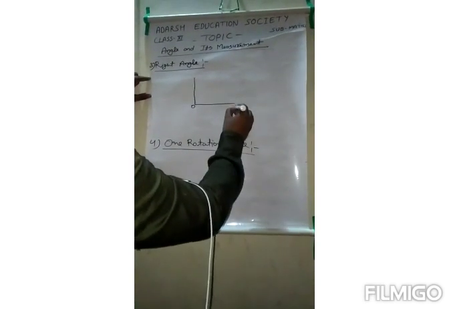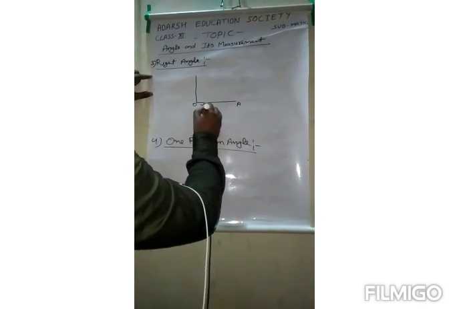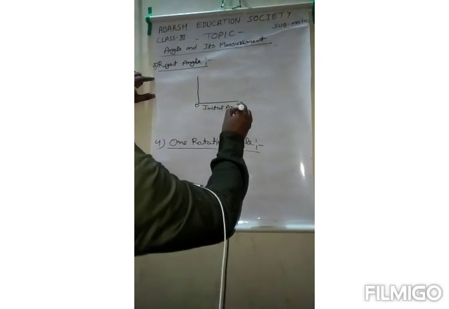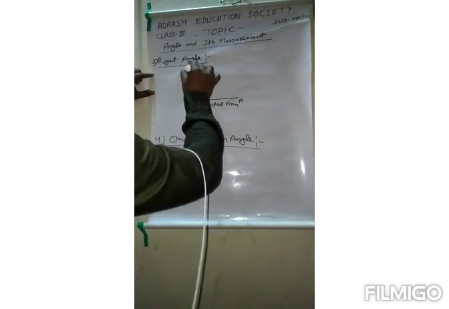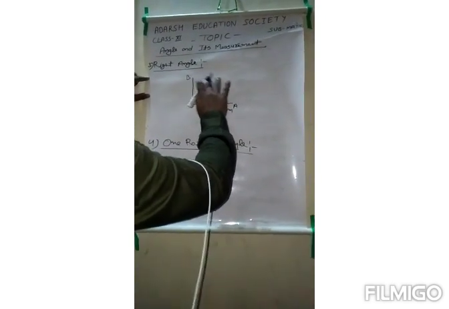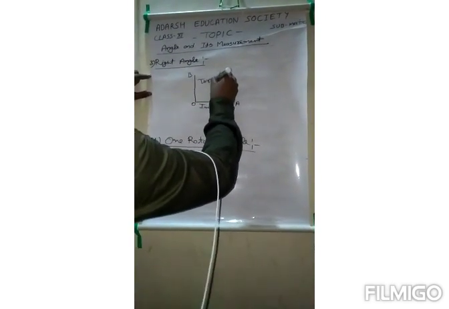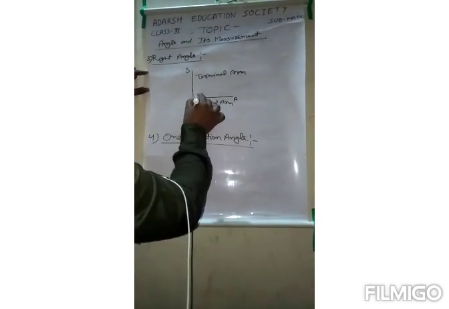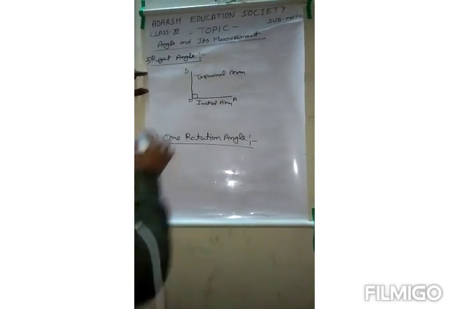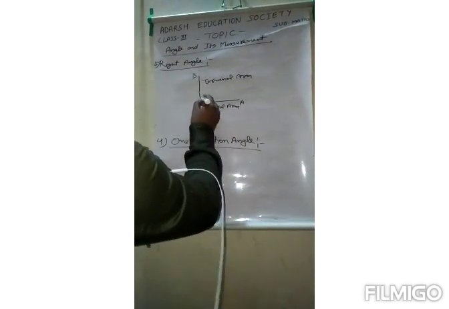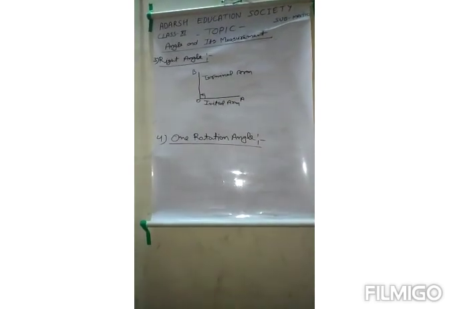Suppose OA is our initial arm and OB is our terminal arm. Now we can take the sense of rotation either in the clockwise direction or in the anti-clockwise direction.